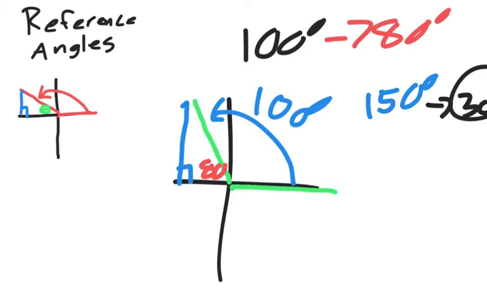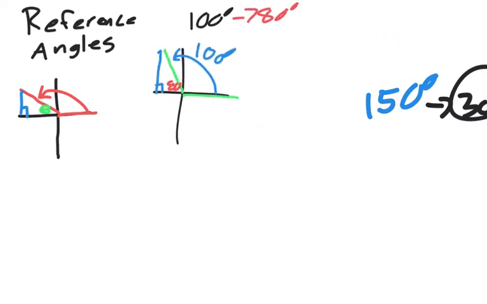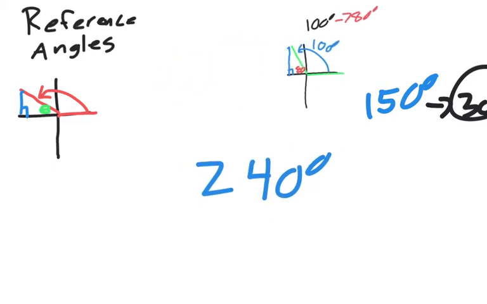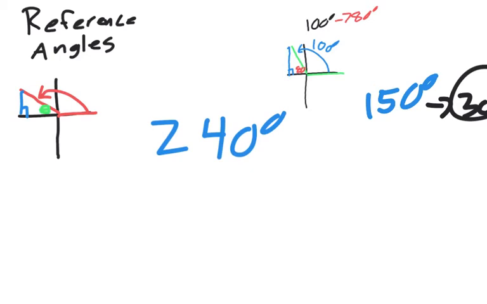Okay, let's do another one. So what if I did a 240 degree rotation? If I rotate 240, what quadrant does that put me in?